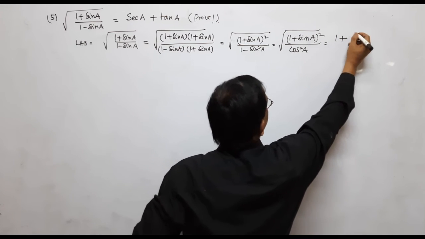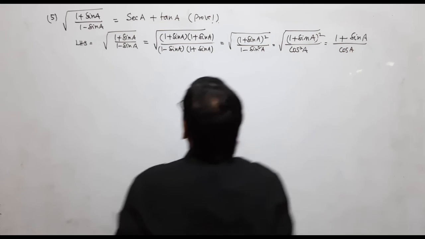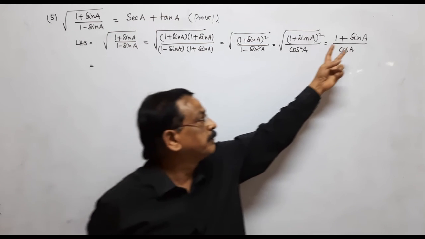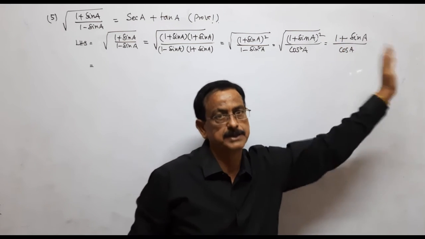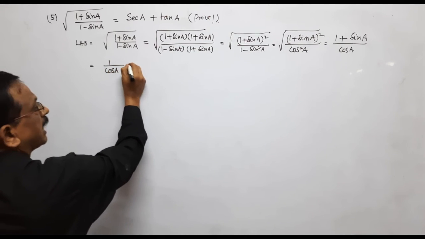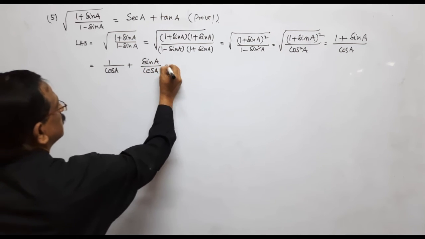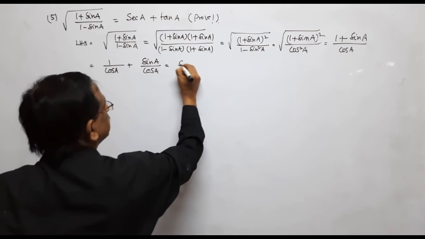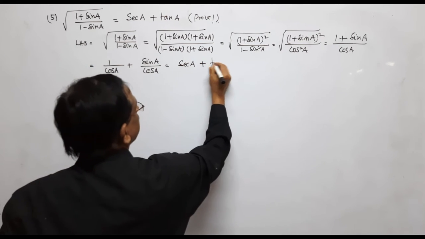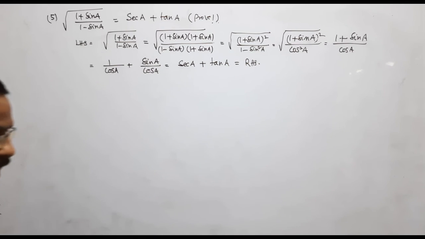So I'll get (1 plus sin A) by cos A, which is of the form (A plus B) by C, so A by C plus B by C. Hence, I can write this as 1 by cos A plus sin A by cos A, which is equal to 1 by cos A is secant A plus sin A by cos A is tan A, which is what we have to prove, that is RHS.